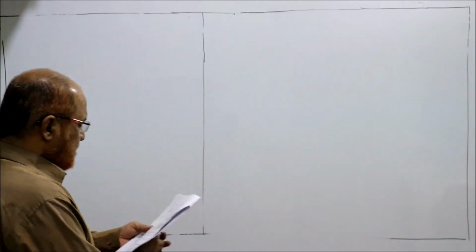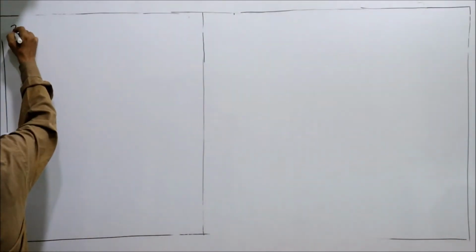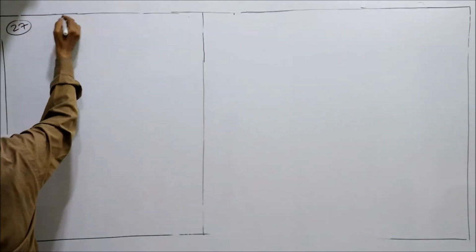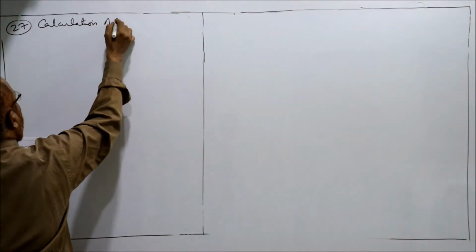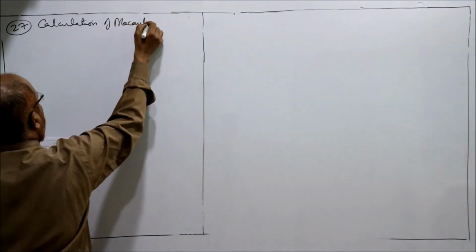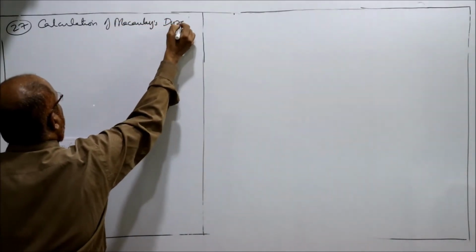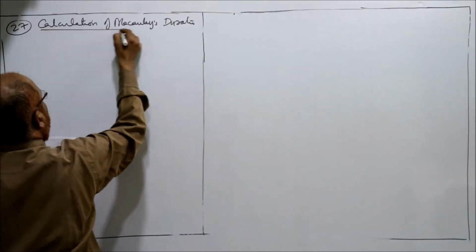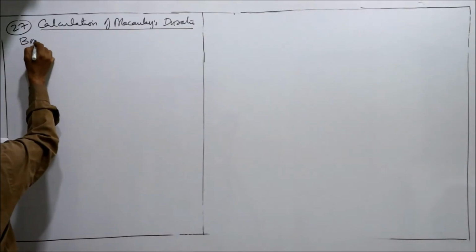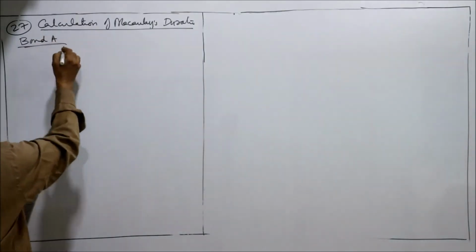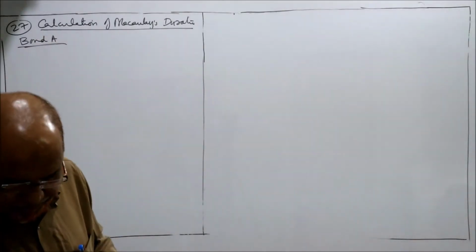So you should write calculation of Macaulay's duration, 27th problem, bond A. First we calculate for bond A.